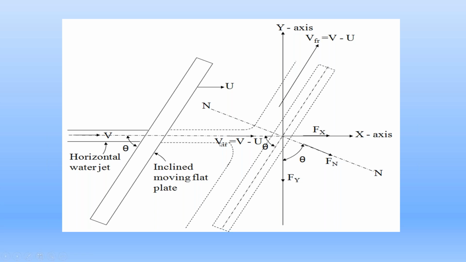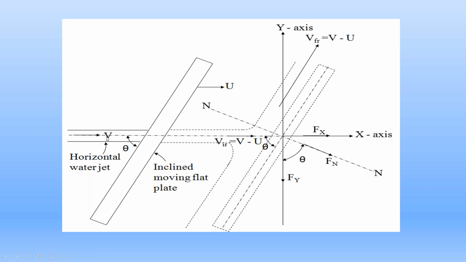The relative velocity of the water jet with respect to the moving plate is the absolute velocity of the water jet minus the absolute velocity of the plate, V minus U, because the velocity V is horizontal along the x-axis, the velocity U is horizontal along the x-axis, so the relative velocity is also horizontal along the x-axis.